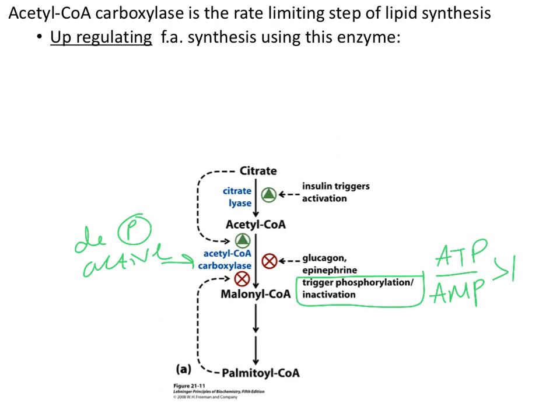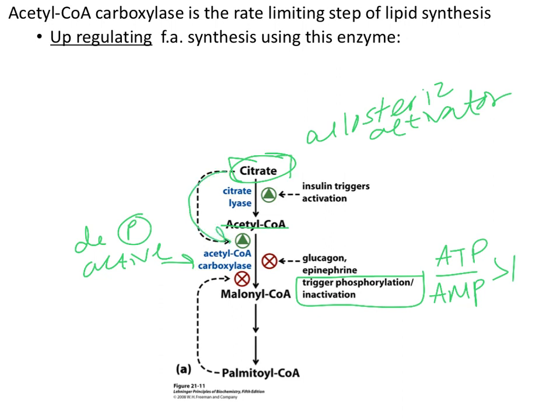Other ways to upregulate this is citrate is an allosteric activator. So citrate, you find it in the cytosol right before it becomes acetyl-CoA. If you have high concentrations of citrate, it can be sort of like a feed-forward activator.